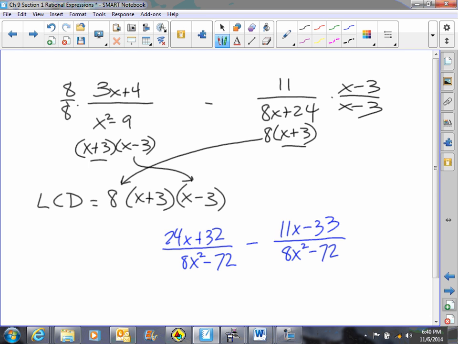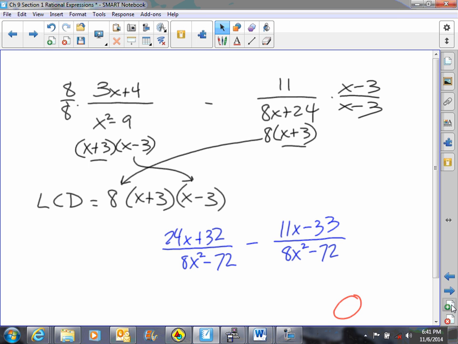Now in this particular case, I would like to warn you about this negative sign right here. This negative sign is just waiting to have you make a mistake, because what you're doing is you're subtracting this fraction right here from the first fraction. What that means is you're subtracting an 11x and you're subtracting a negative 33.